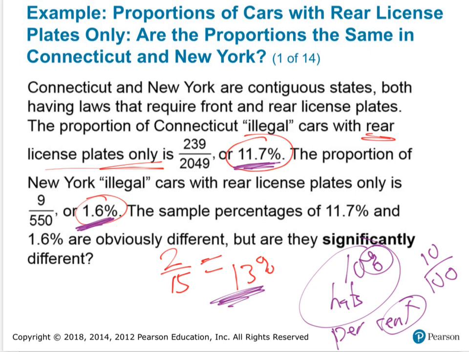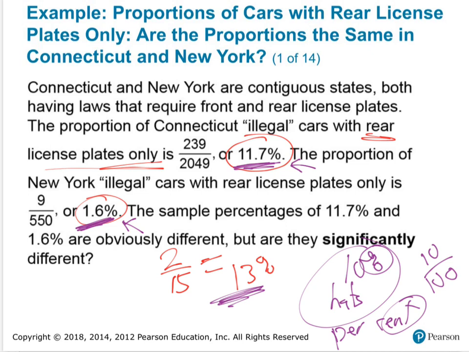New York has much lower lawbreakers, so probably it's being enforced there more strictly, right? In New York, they're probably taking it seriously, whereas in Connecticut, they're not taking it as seriously. That's the supposition. So now the question is, are those significantly different?